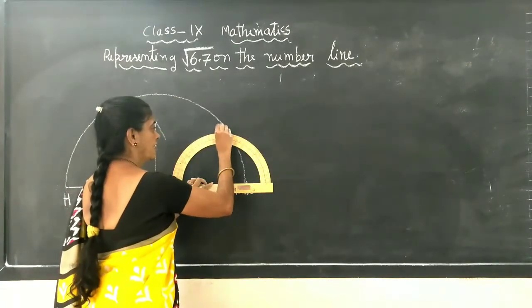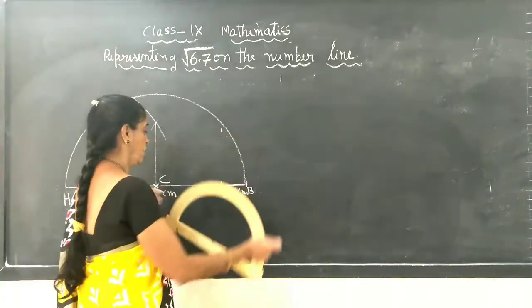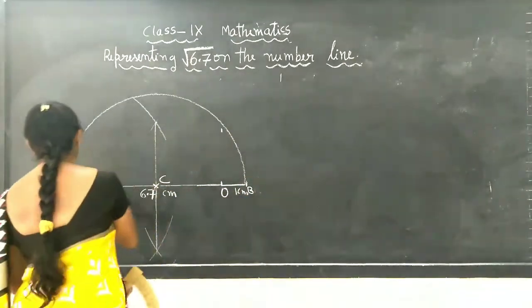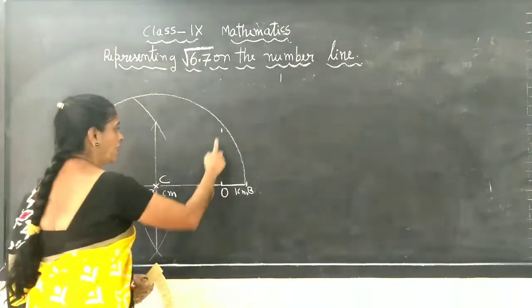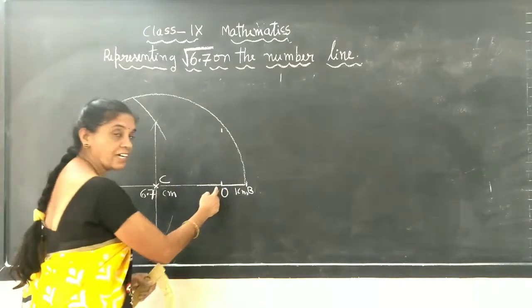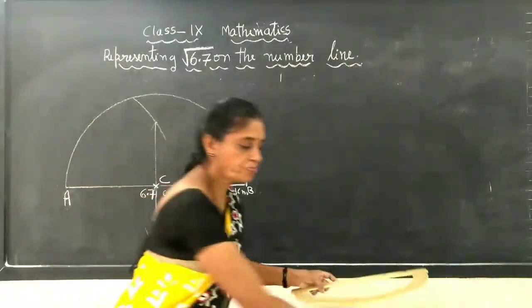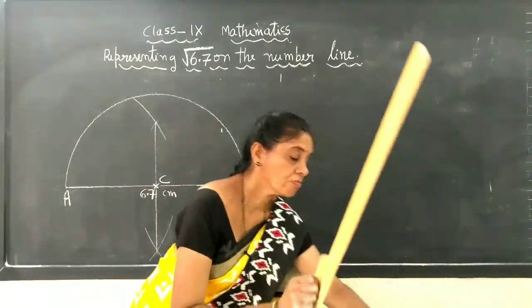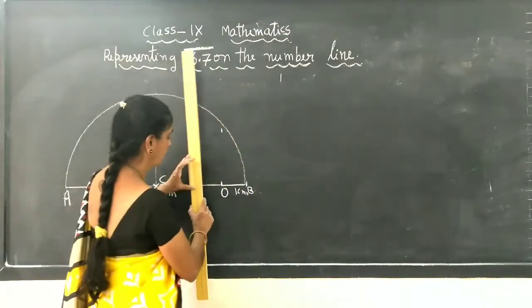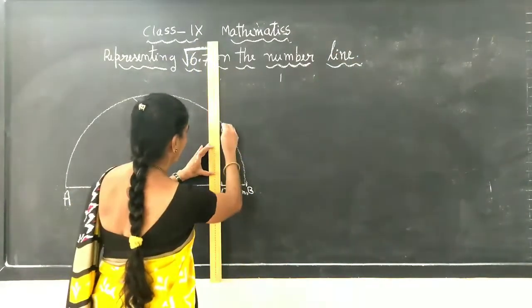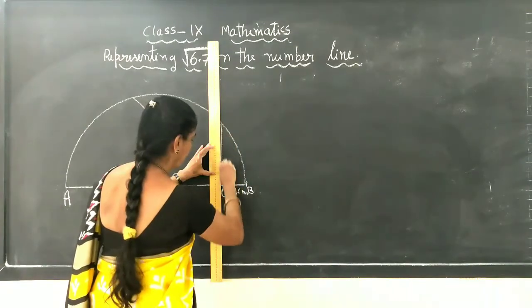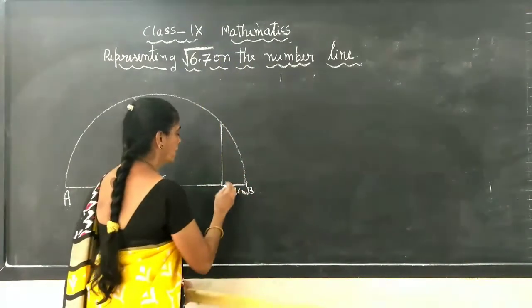This is the 90-degree angle. So keep it at O here and draw the line. This is the perpendicular line.